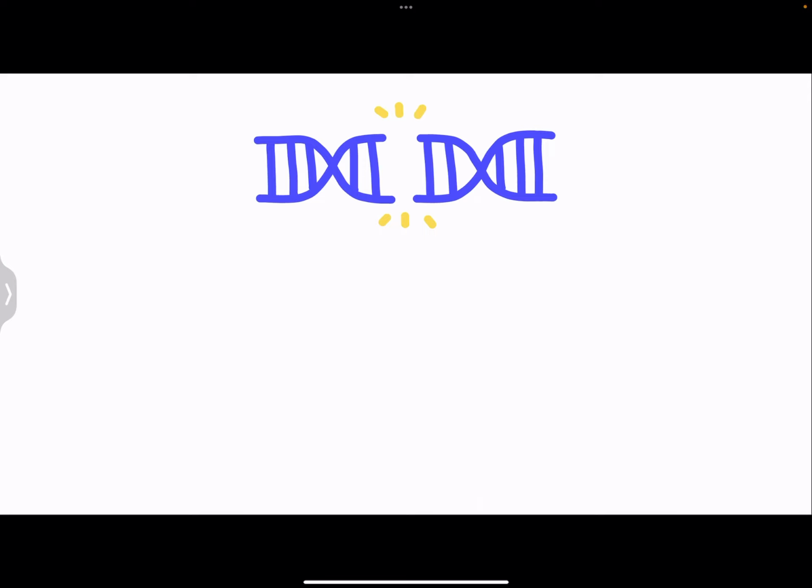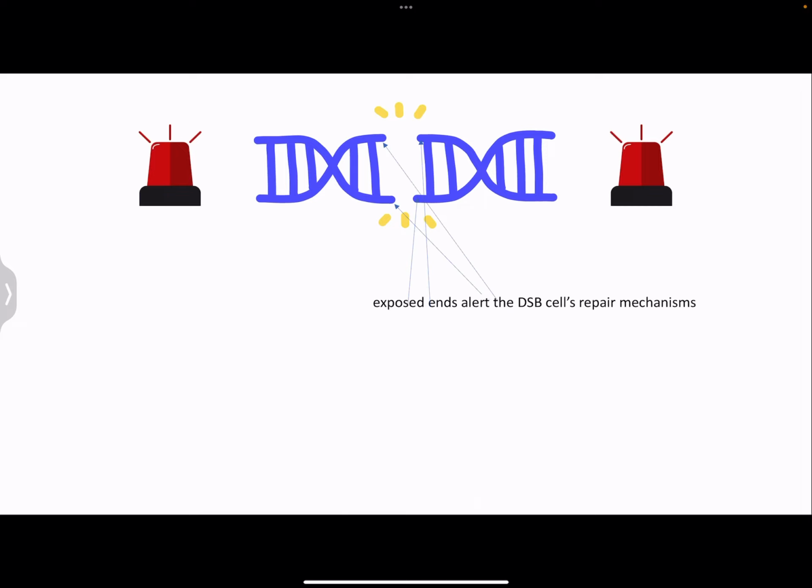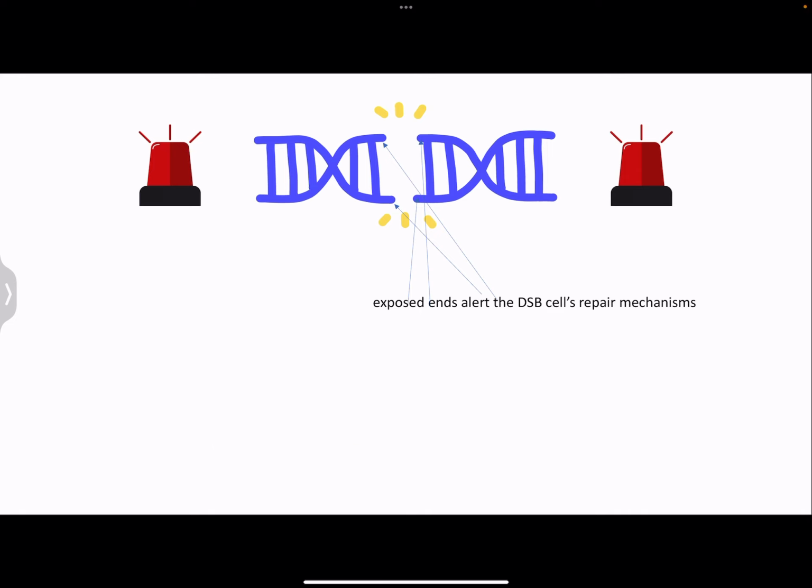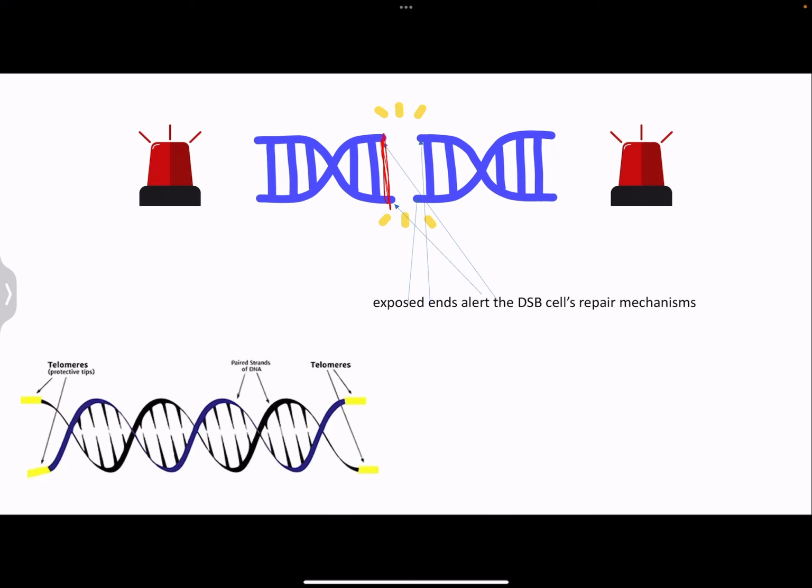One of the worst things that can happen for a cell is that we get a double-stranded break. So boom, we got a double-stranded break here. Alarms go off. A bunch of repair mechanisms are alerted to this open exposed end, and they want to fix it. Well, this exposed end right here to the cell doesn't look anything different than what we see right there, right?